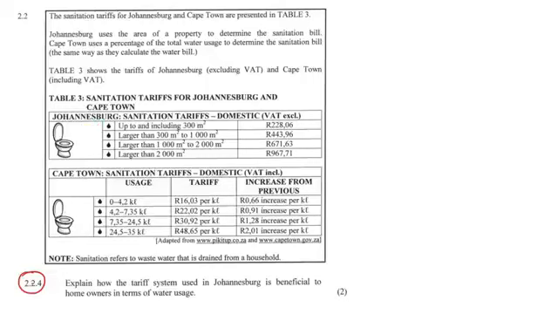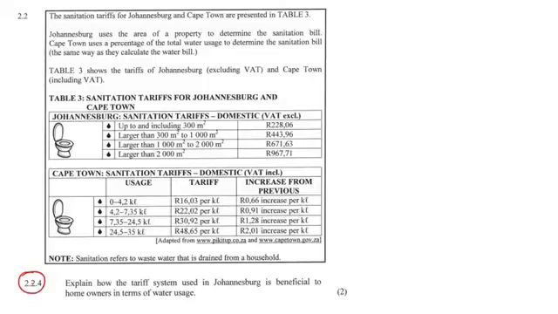So, for example, if you live in a house that's less than 300 meters squared, whether you use a little bit of water or a large amount of water, that is what you're going to pay per month. Now, that obviously can be bad because some people can waste a lot of water. But you know how much you're going to pay every month.